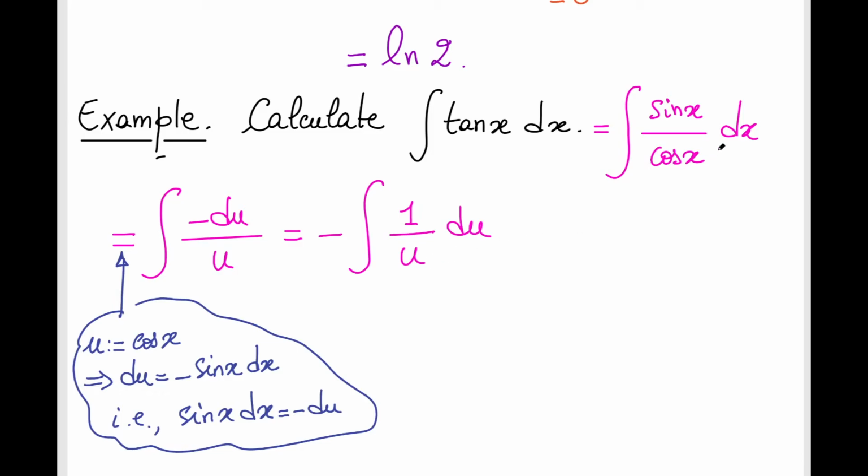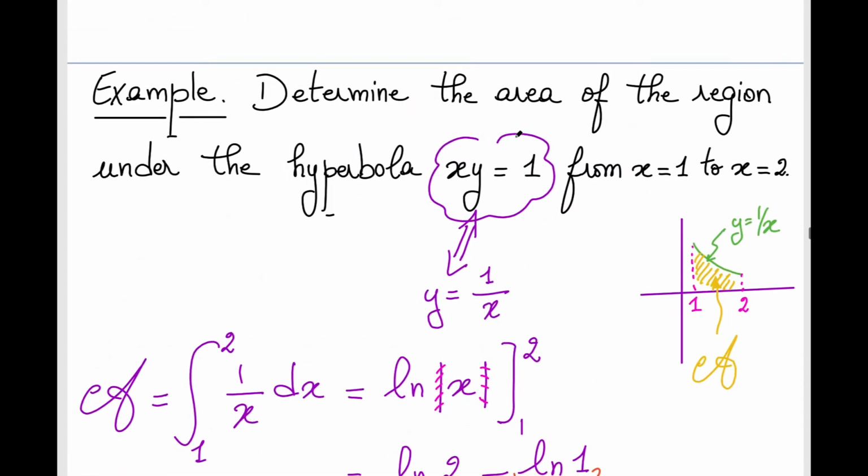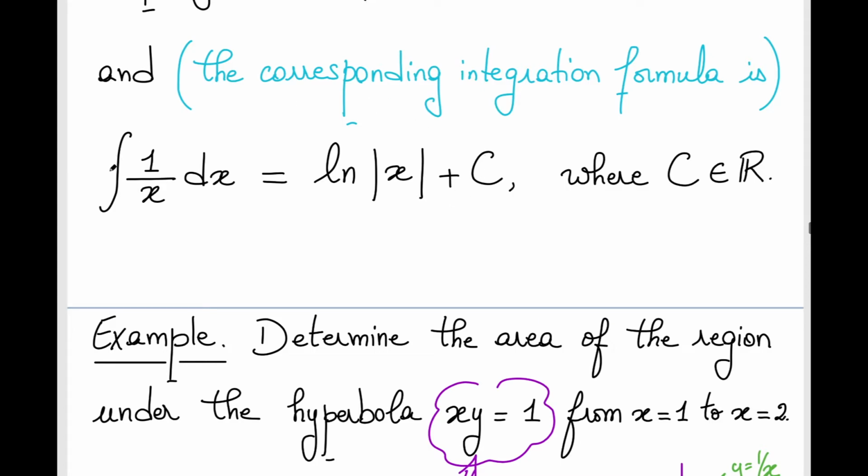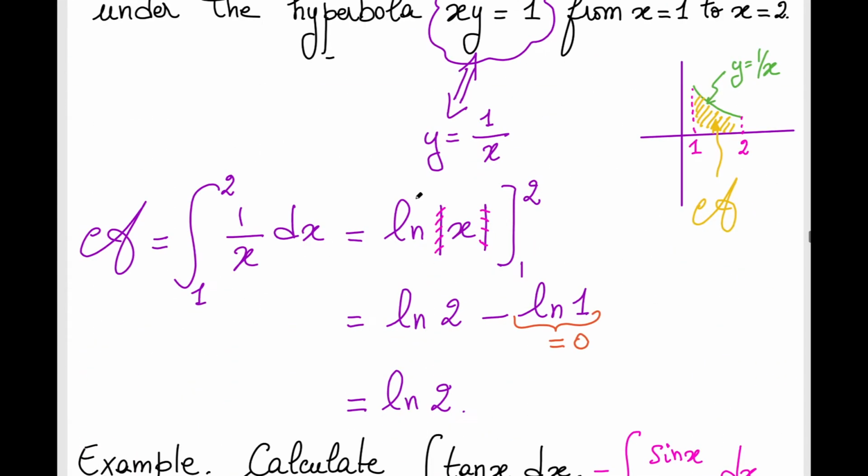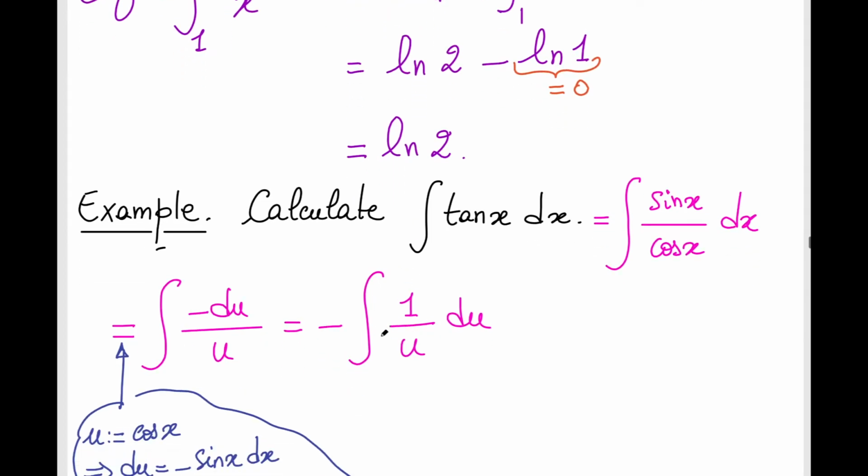Now, if you go back to this result, ignore the name of the variable. How about a star again? Every time I see x, I'm hiding it. So this becomes primitive of 1 over bullet d bullet, which equals ln of the absolute value of the bullet plus a constant. Do we have that? Yes. The bullet is the u then.